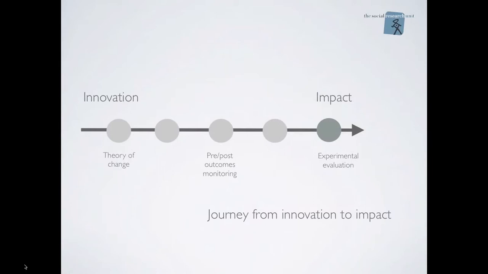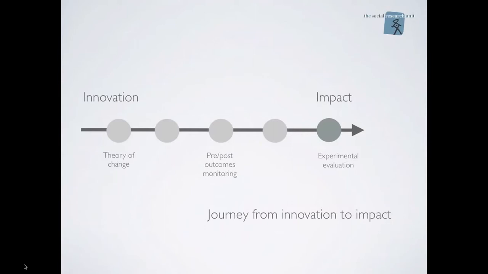We call this the innovation to impact pipeline. The YJB has also demonstrated its commitment to this goal with the development and publication of the innovation and evaluation in youth justice materials, which are designed to assist practitioners in developing and evaluating youth justice programs and interventions.